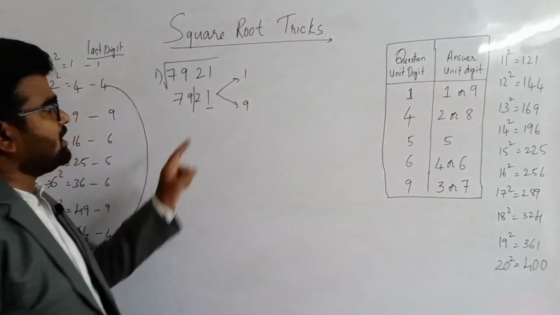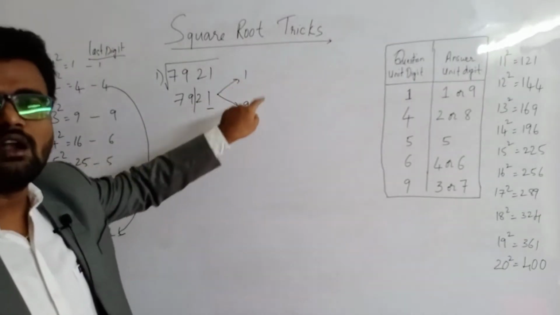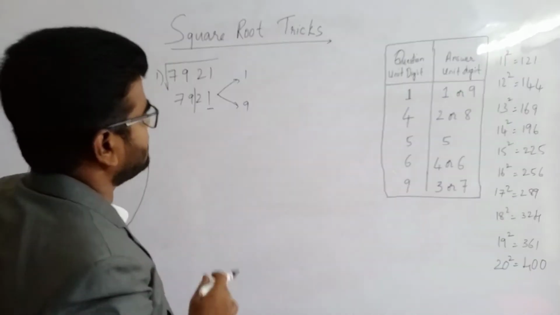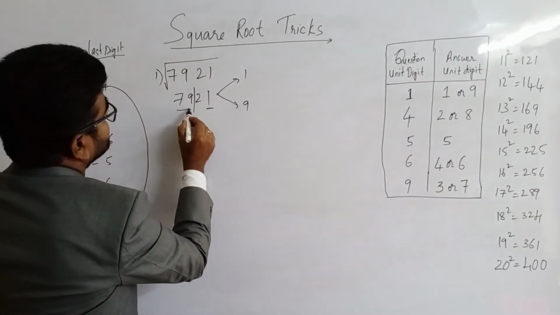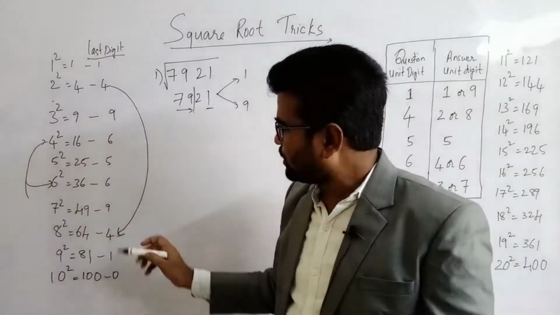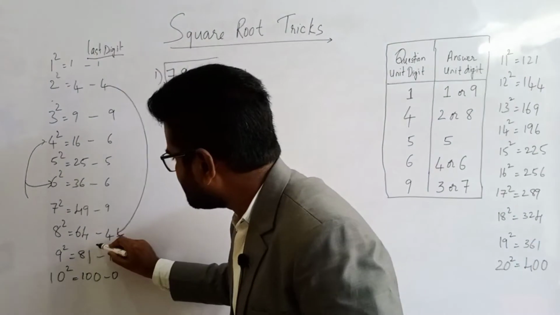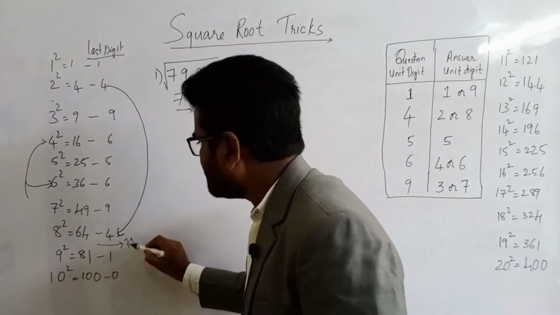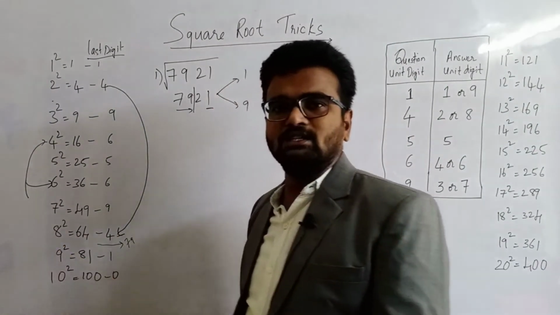Now that you are clear the units place ends with 1 or 9, we need to find the tens place. So consider this number 79 and see where it lies among these squares. 79 lies between 8 square and 9 square.